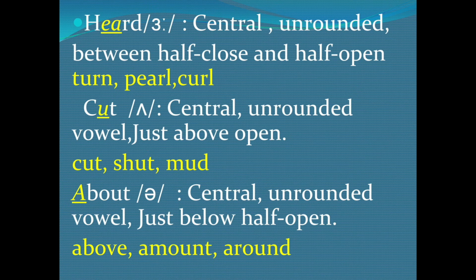Now let us see the weak vowel which occurs usually whenever we use weak forms. About. It is a central unrounded vowel just below half open position. Above, amount, around.